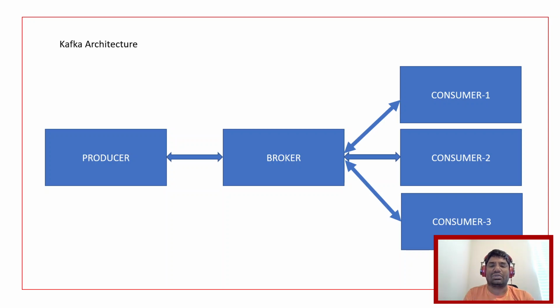Brokers can be placed into a cluster. One of the brokers becomes the leader, and the other brokers become followers. If one of the brokers goes down, there is ZooKeeper, another set of services, a coordinator service, which brings up one of the followers to leader. That is done automatically. We don't need to do it manually from the admin standpoint.